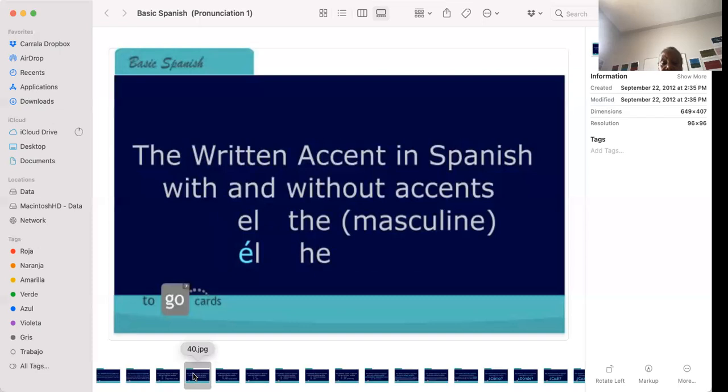El is the masculine article singular. El coche, el libro, el niño. But él with an accent, the pronunciation doesn't change, but it means he.